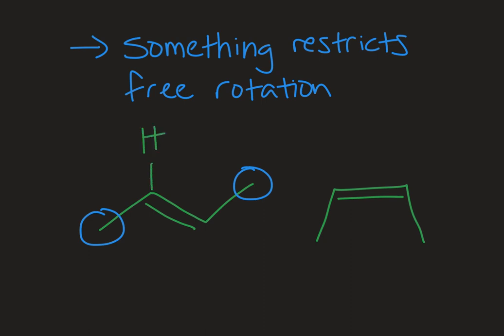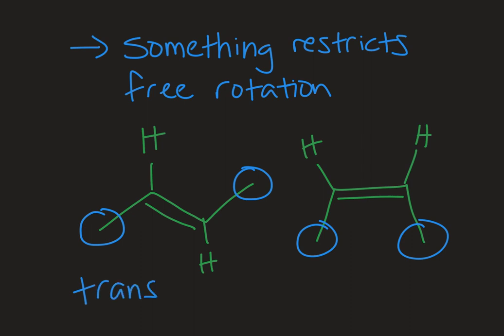So we can see where our hydrogens are on this molecule, and then here's where our hydrogens are on the molecule on the right-hand side. On the right-hand side, you see that these two methyl groups are on the same side as one another. So when two groups are opposite one another, we call that a trans stereoisomer. And when two groups are on the same side as one another, we call that a cis stereoisomer.